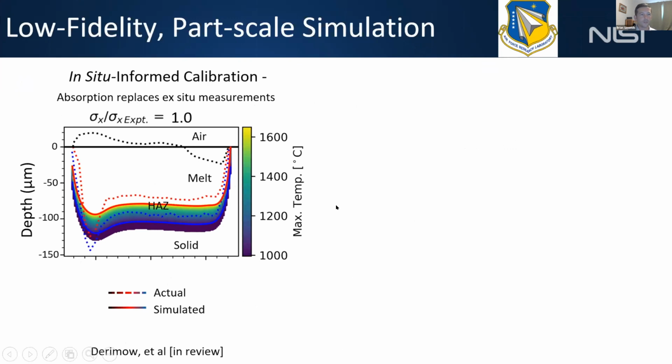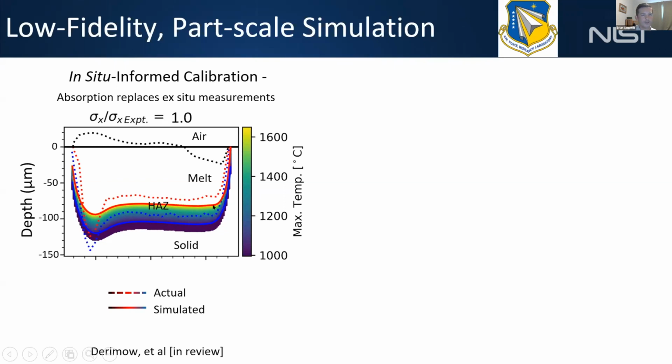So here are the results for the in situ informed calibration. The sigma x is the beam dimension in the x direction, and we pinned that to match exactly the beam profile that we measure. The dashed lines here are the experimentally determined depth of the surface of the melt pool in black, then the interface between the melted region and the heat affected zone in red, and the difference between the wrought and the heat affected zone in blue.